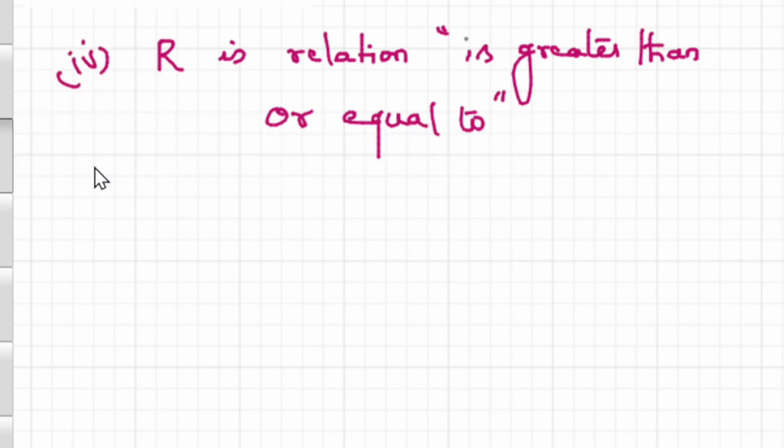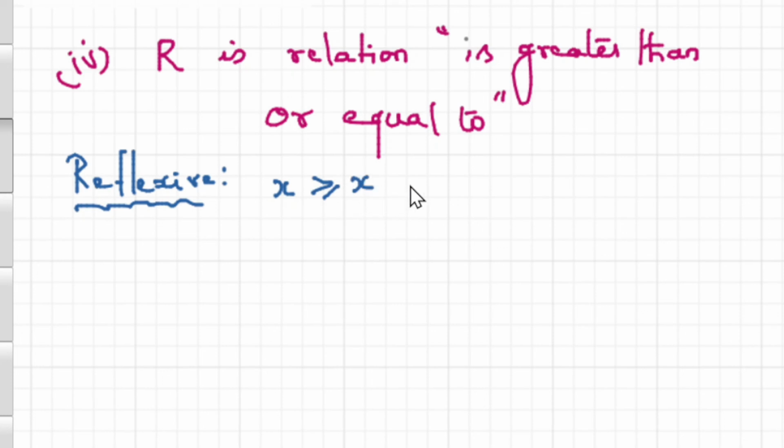So first of all, we had to take reflexive. It is clear x is greater than or equal to x is true. It is equal, x is equal to x. Therefore, R is reflexive.